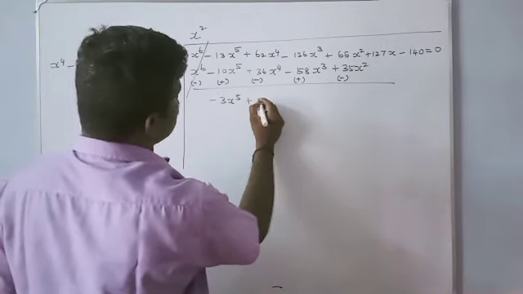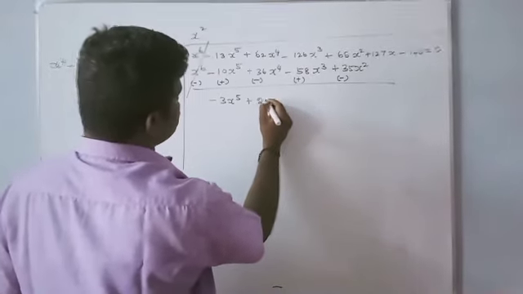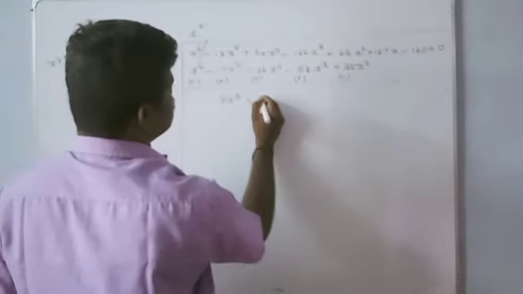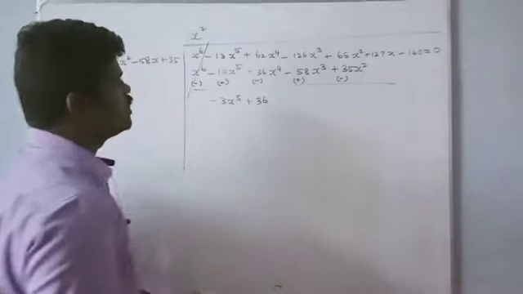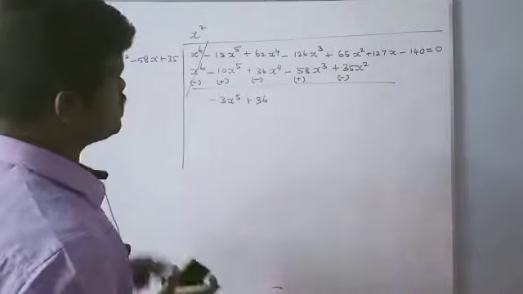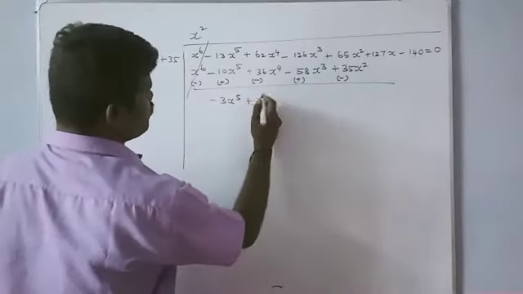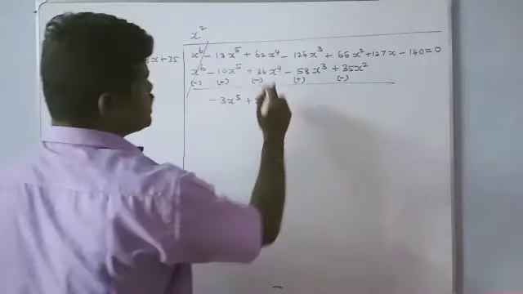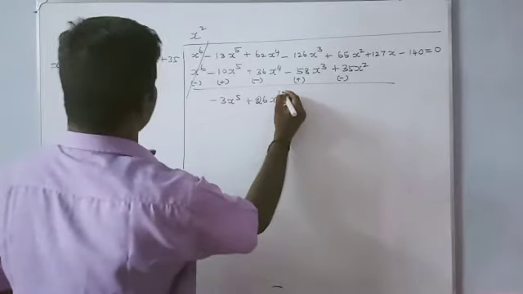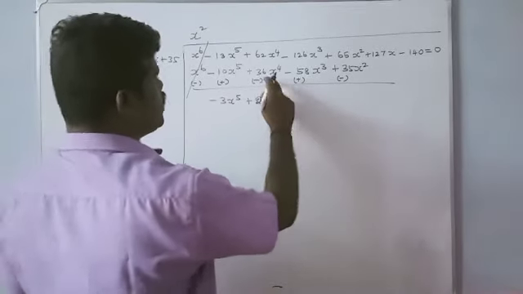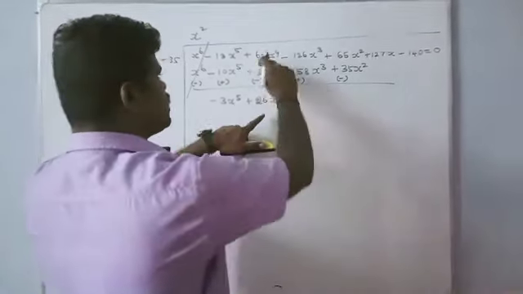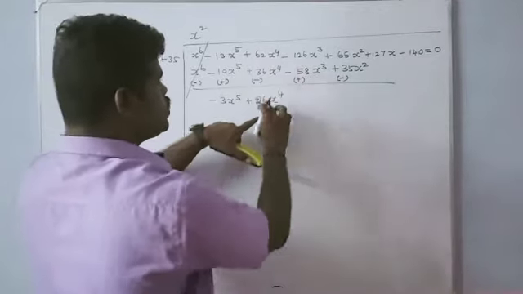The next term is 26 x power 4, subtracting because 62 is plus.